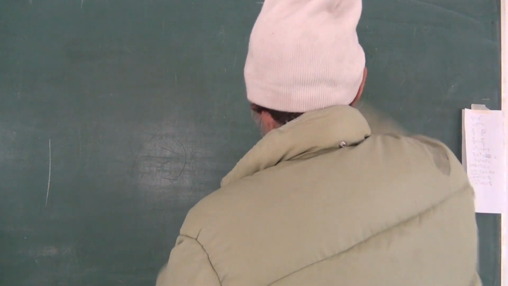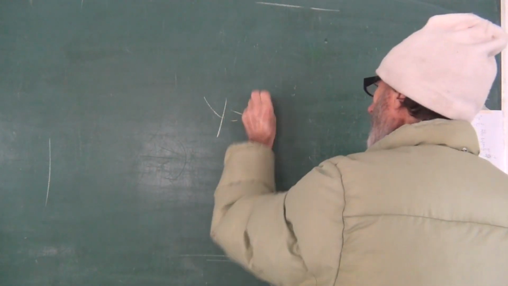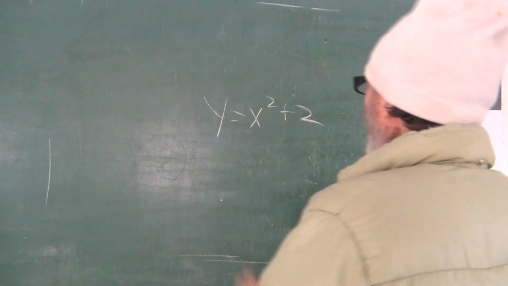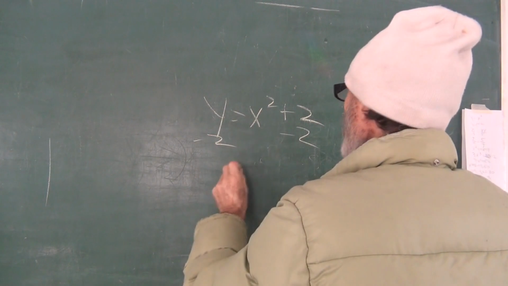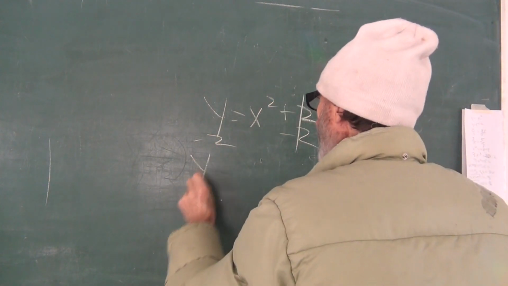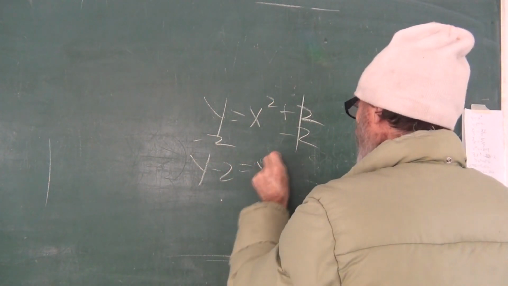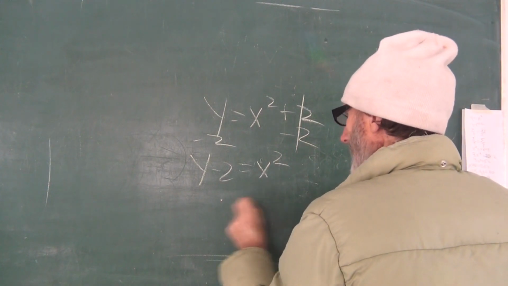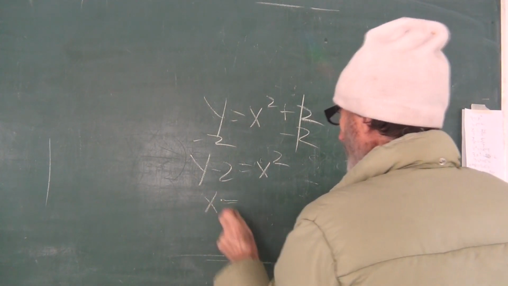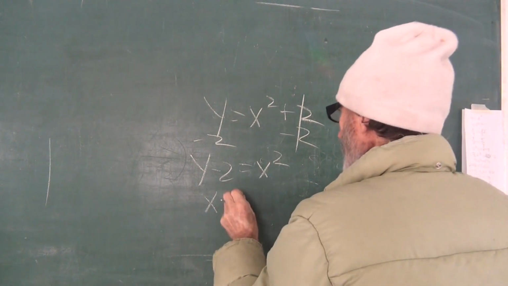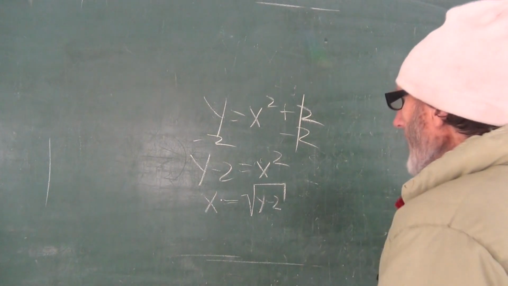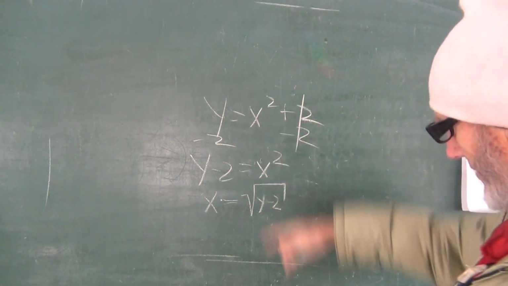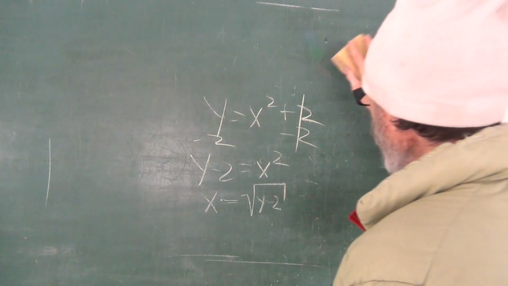So let's try that one more time. Y equals x squared plus 2. Now, let's get rid of that 2, so it's just the square by itself, subtracting 2 on both sides. So then y minus 2 equals x squared, and that would mean that we'd have x equals, and I'll flip it around here for you, the square root of y minus 2. Okay, so you just have to be a little careful about the numbers and the exponents there.